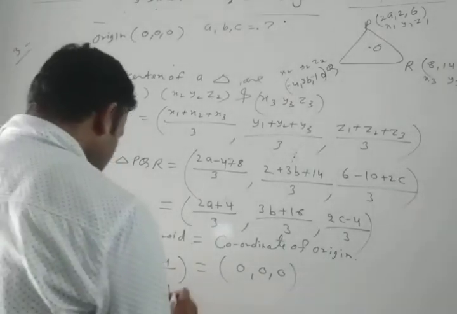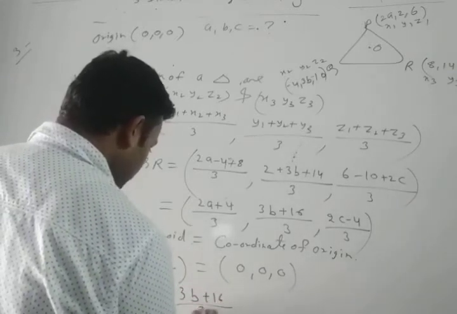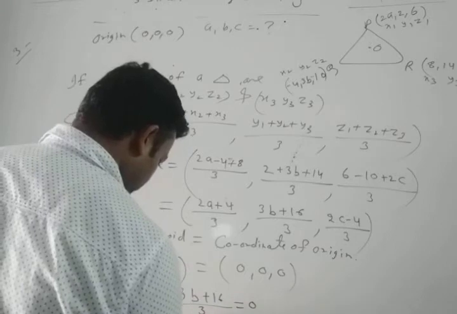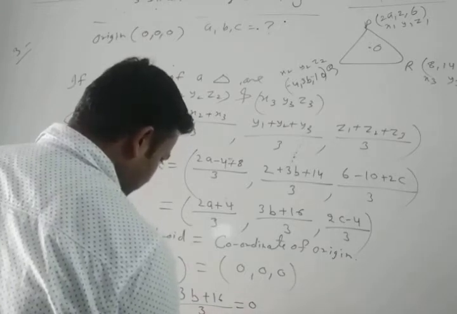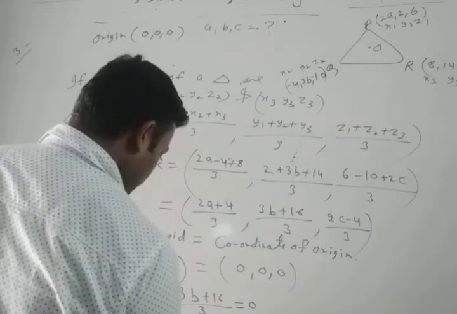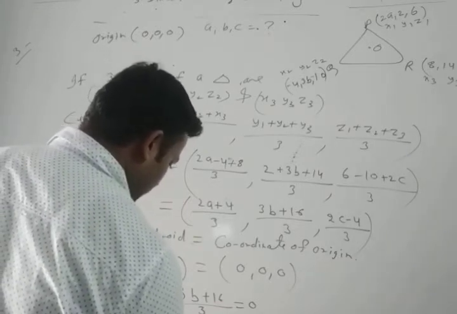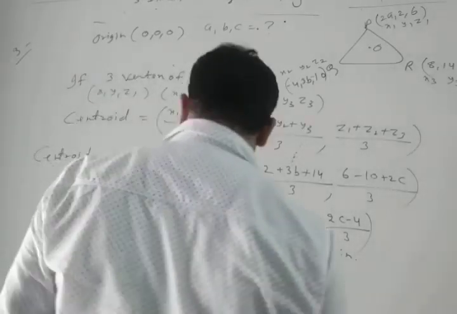Again 3b plus 16 by 3 is equal to 0, 3b plus 16 is equal to 0, so b is equal to minus 16 upon 3.